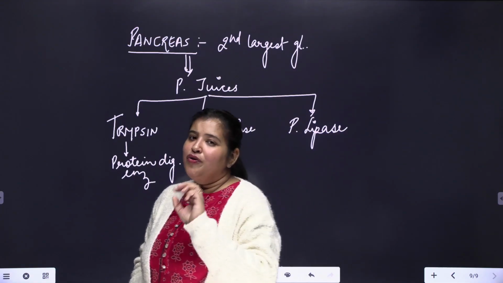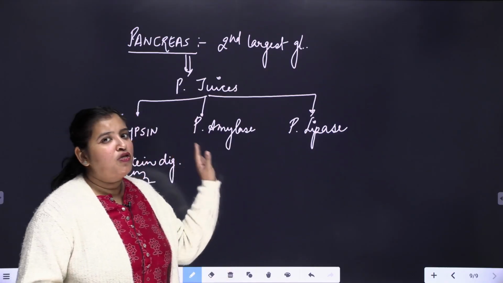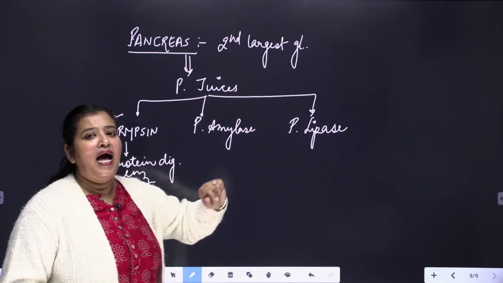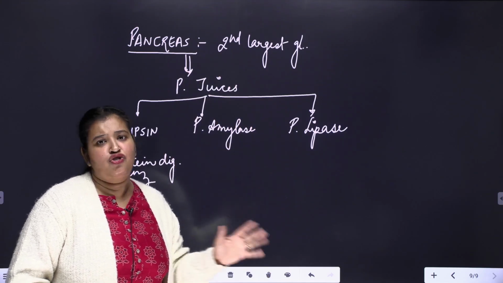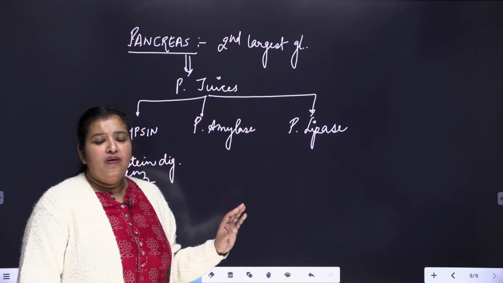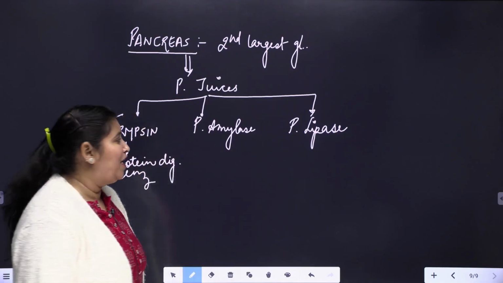All right. So whenever the word amylase comes, whether it is pancreatic amylase or salivary amylase, it will act upon the carbohydrate, the starch, the complex sugar. Whenever the word lipase comes, it will always be responsible for digestion of fat.